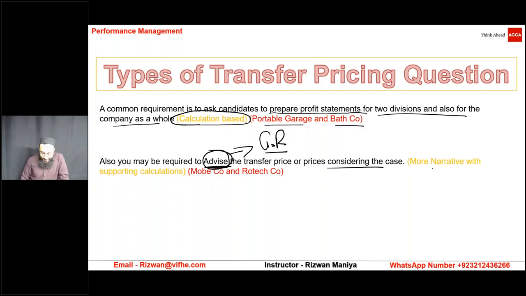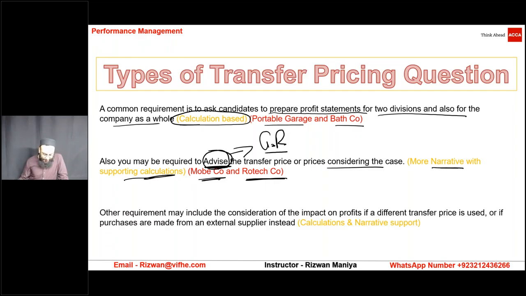And that is more narrative with supporting calculation. Examples: MOP Company, June 2015, and Rotac Company, June 2014. I'll share the link of MOP as well. Rotac is what we are solving right now.